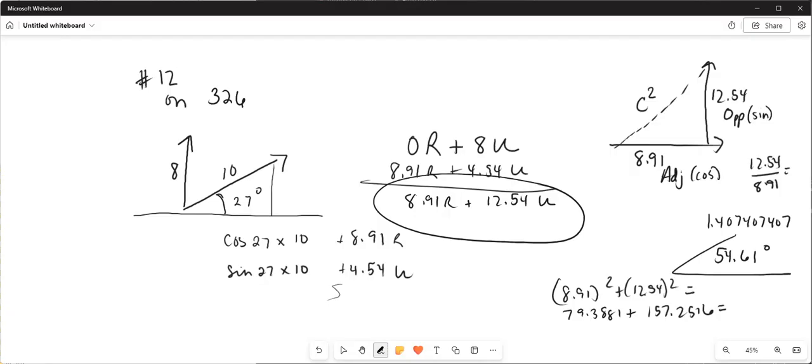Square that. Sorry, take the square root. Take the square root of it.